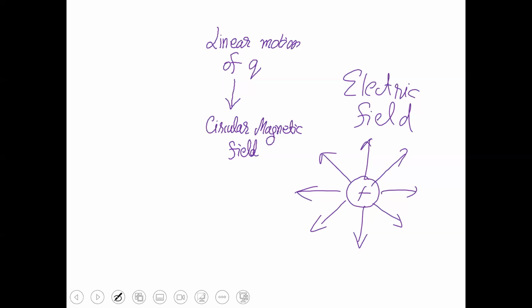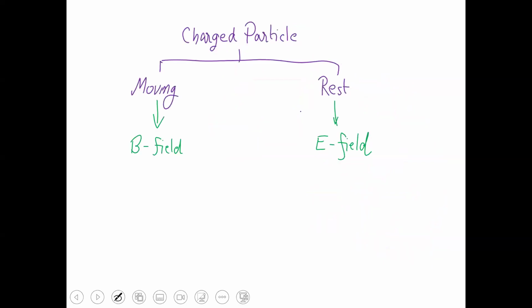Now, let's make our next very important concept. If a charged particle is at rest, it will produce an electric field. And when a charged particle is in motion, it produces a magnetic field. Repeat the concept. Very important concept of this chapter and the previous chapter. If a charged particle is not moving, it is at rest, it will produce an electric field. And as soon as it begins to move, then good.